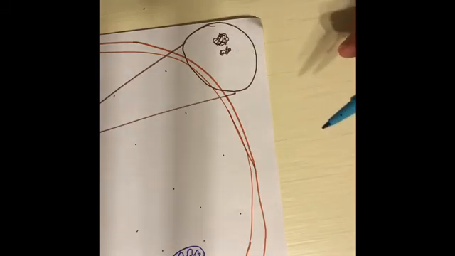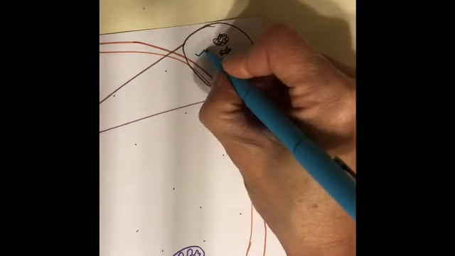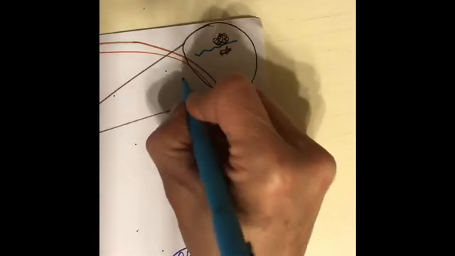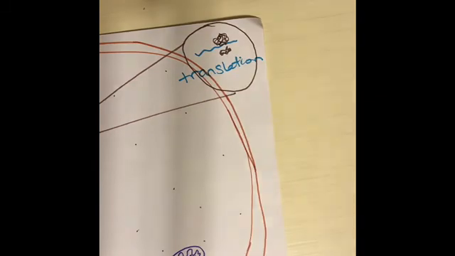So if we take that messenger RNA that had left the nucleus for a ribosome, the messenger RNA will travel between the two subunits of the ribosome in order for translation to then occur.